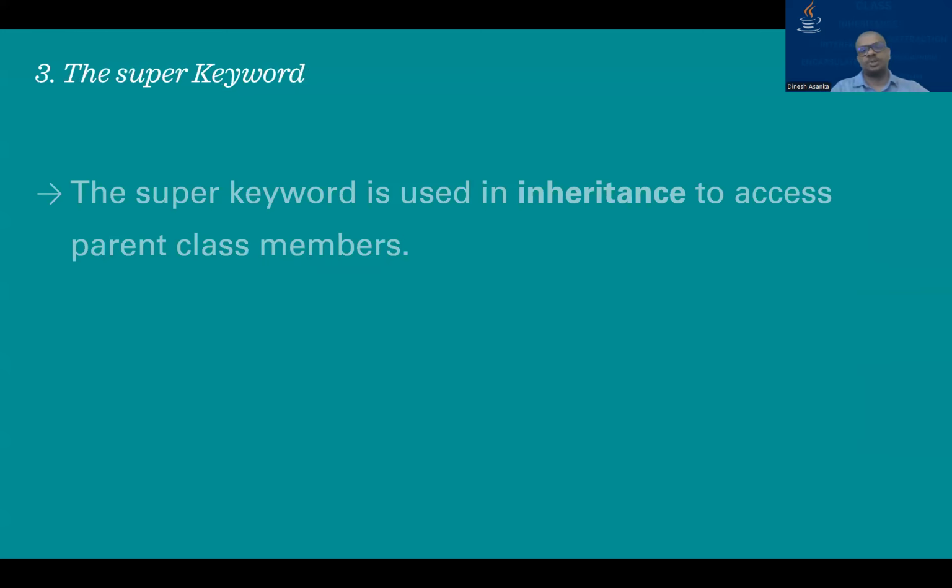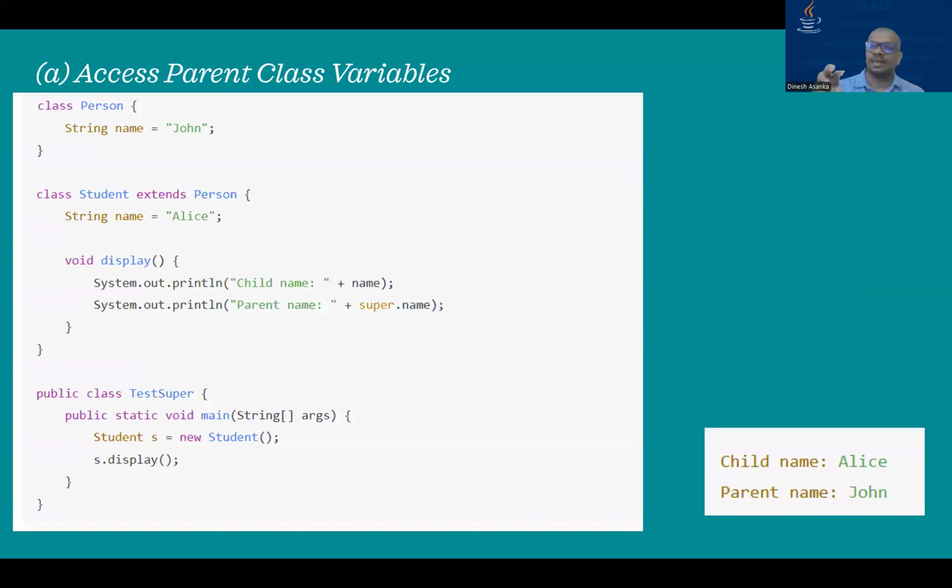Now let's go into the super keyword. The super keyword is used in inheritance to access the parent class members. Again, there are several places where you can apply it. One is accessing parent class variables. Let's go by an example. I have a Person class with a string variable called name, whose value is John.